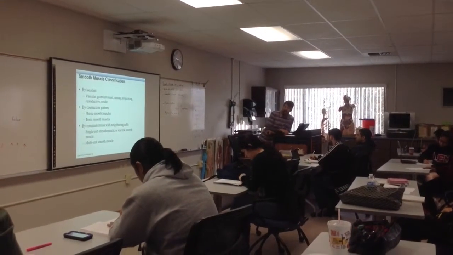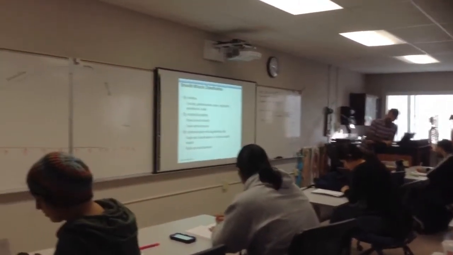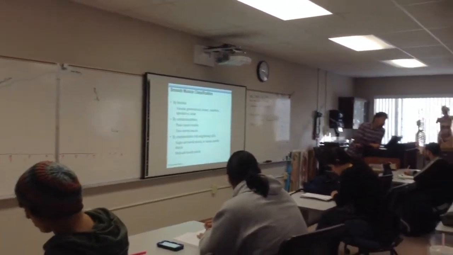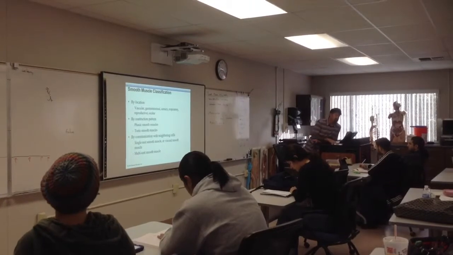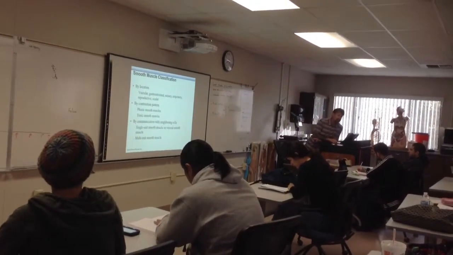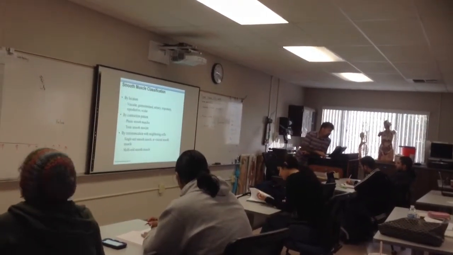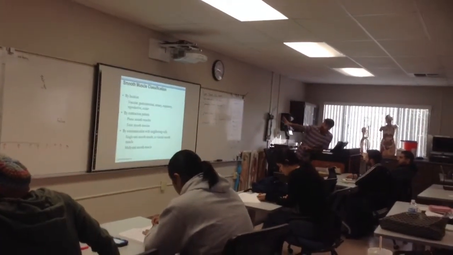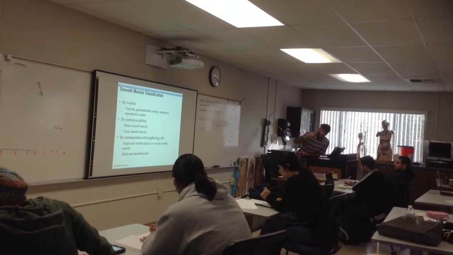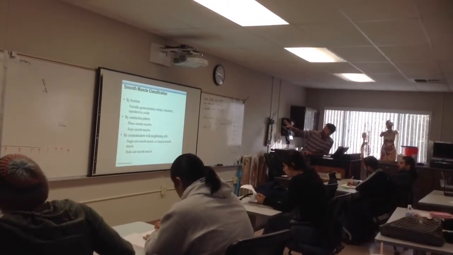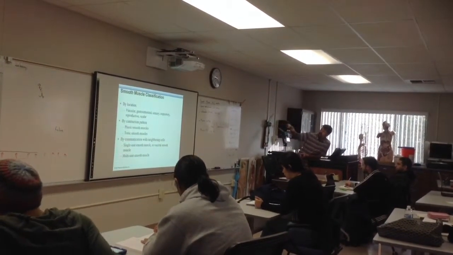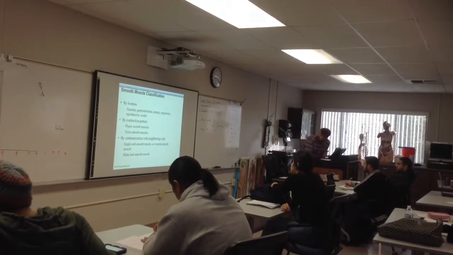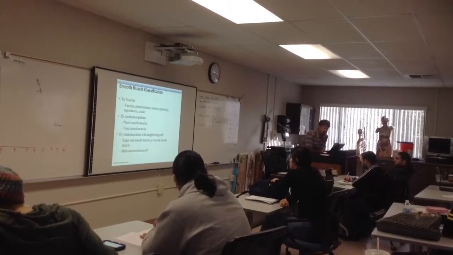The time for the twitch, like that over there, is way longer than it is in skeletal muscle. So they're slow to contract, they're slow to relax, and they're weaker. Now, I just highlighted a couple differences here. Smooth muscle excitation contraction coupling involves the influx of some extracellular calcium.